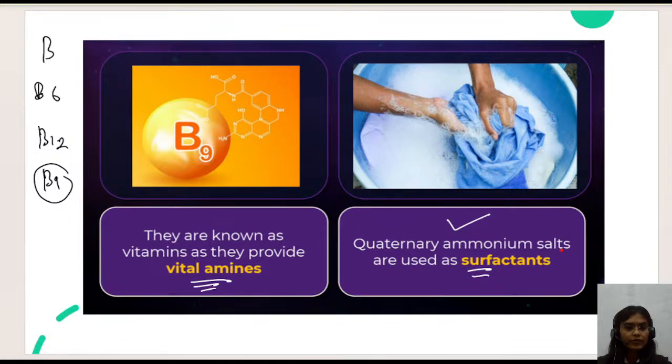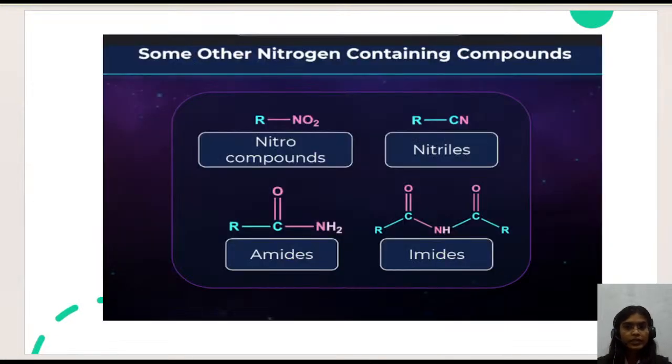Now let's discuss the next point: some other nitrogen containing compounds. It's not like the chapter name is amine so amine is the only topic of discussion. Amine is just a type of nitrogen compound. Nitrogen compounds are further classified into nitro compounds, if you're observing an NO2 group, or nitrile compounds, cyanide compounds if carbon is connected; if nitrogen is connected, it becomes isonitrile.